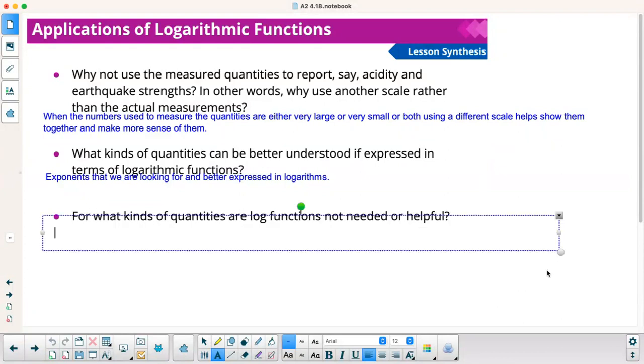For what quantities are log functions not needed or helpful? Quantities where there is a lot of variation.